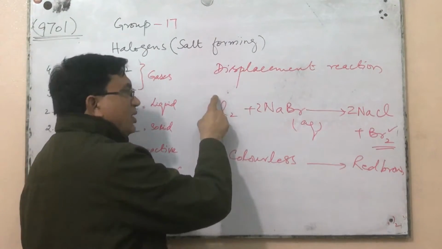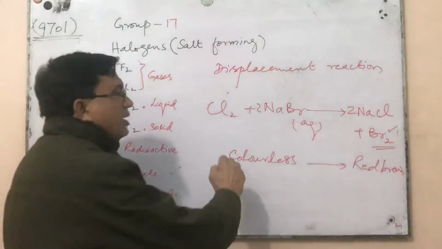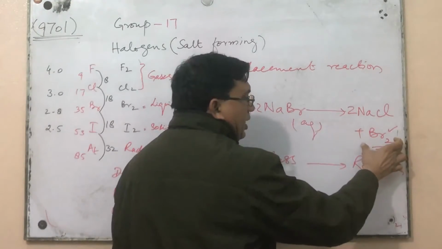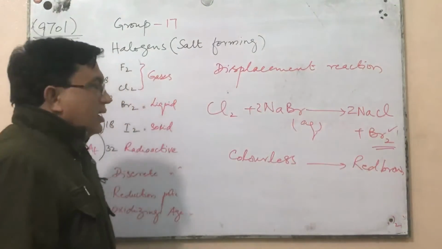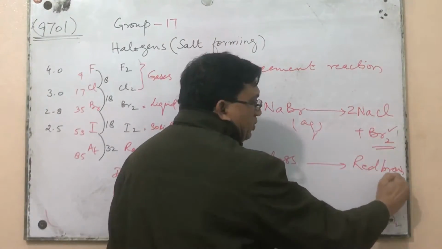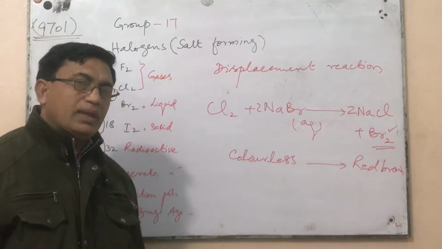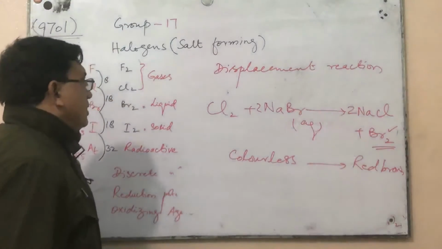That's why chlorine easily oxidizes the bromide ion and converts it into bromine, which produces a red-brown color, indicating that the reaction has taken place.